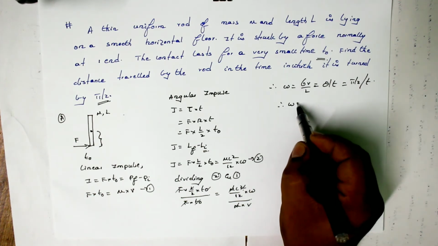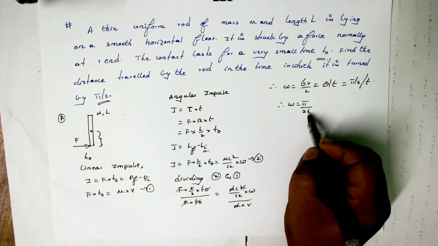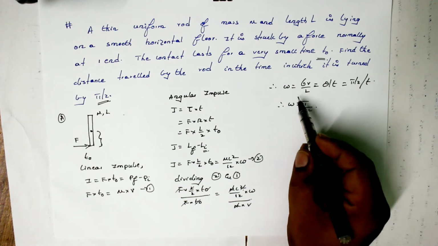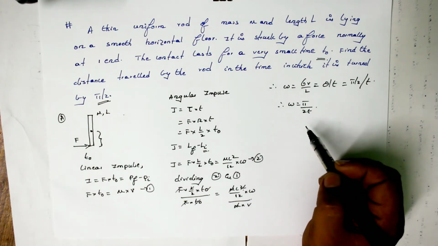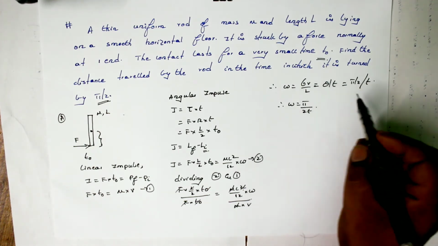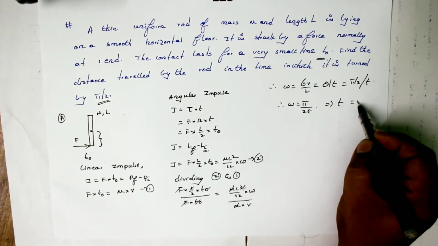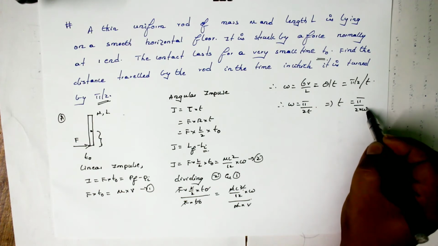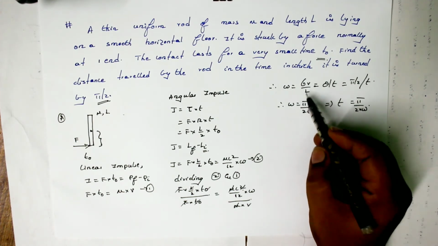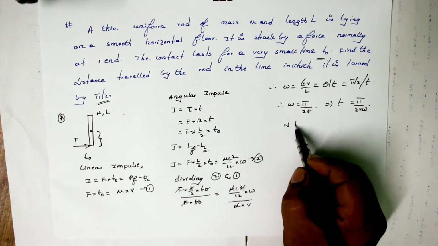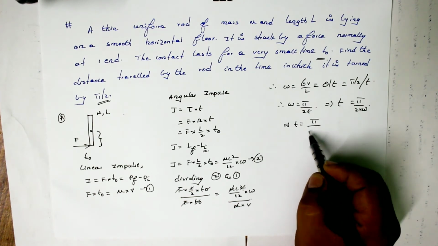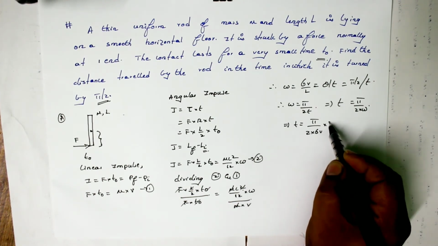Therefore omega is equal to pi by 2t. This is the angular velocity of the rod, so from this I can calculate the time taken for this rotation. Time is equal to pi by 2 into omega, and omega value is 6v divided by L. So I can write t is equal to pi by 2 into 6v into L.